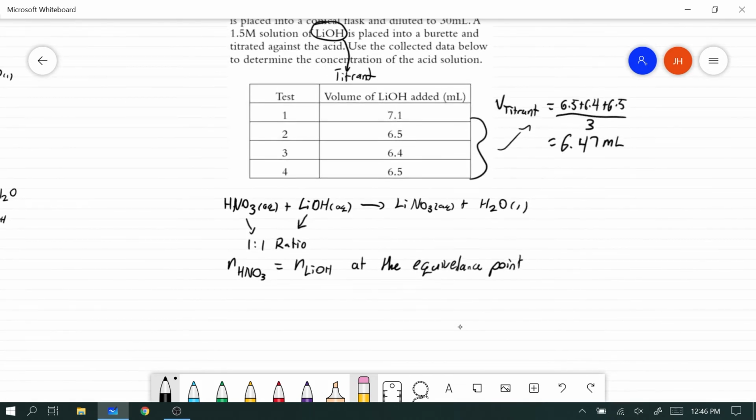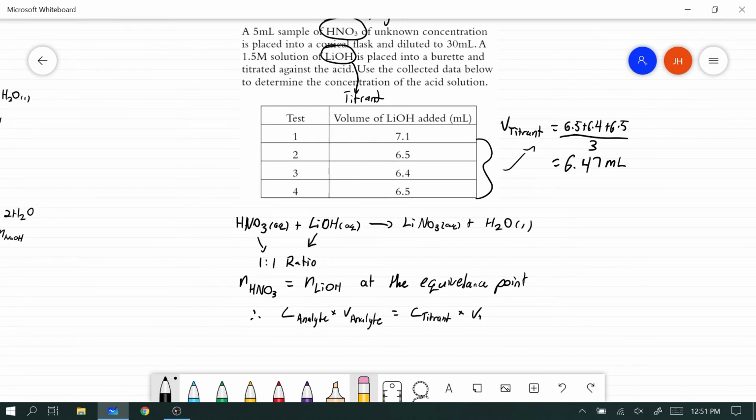And if that's the case, we can say that the concentration of the analyte times the volume of the analyte is equal to the concentration of the titrant times the volume of the titrant.